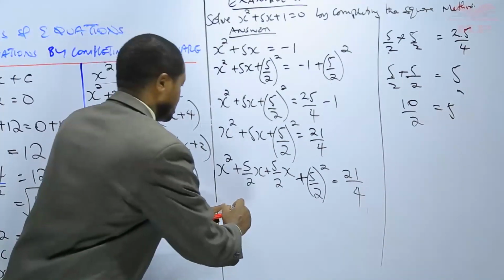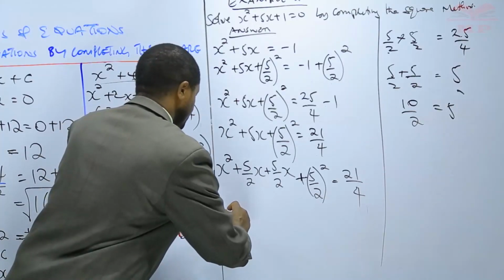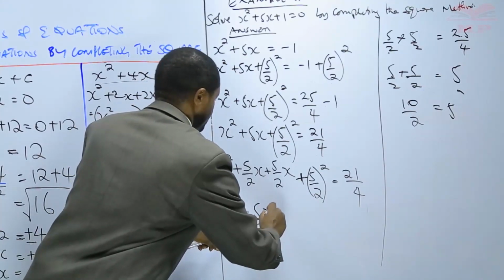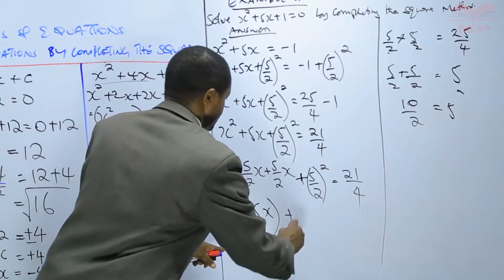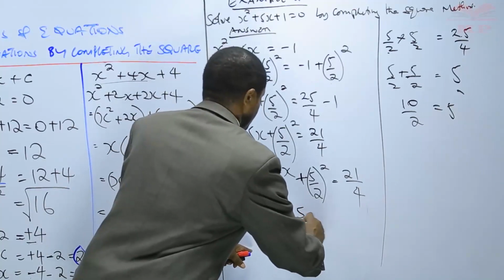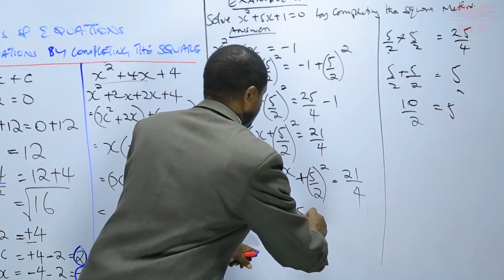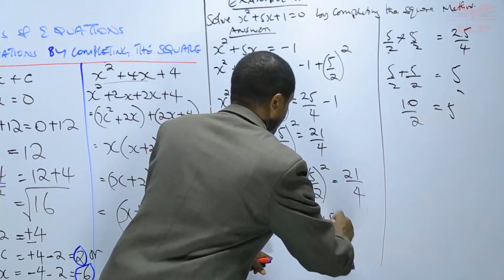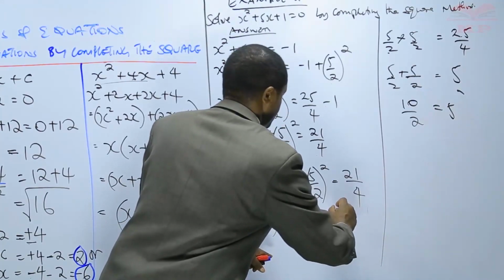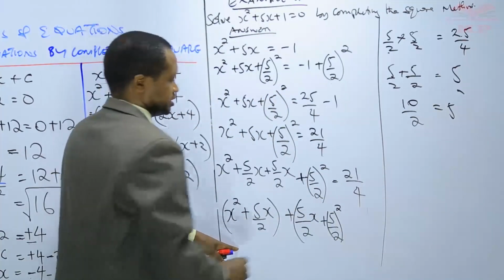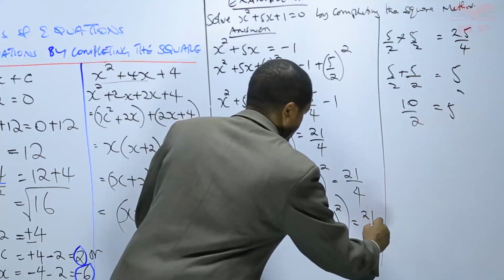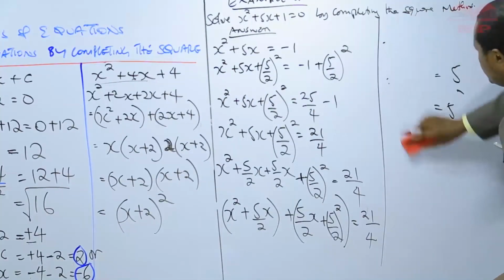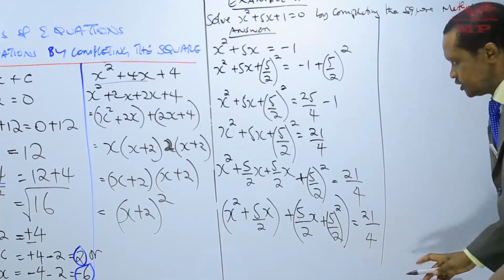So we go to the next step. We pair up the terms: x squared plus 5 over 2x, plus 5 over 2x plus 5 over 2 squared, is equal to 21 over 4. We are at this point.